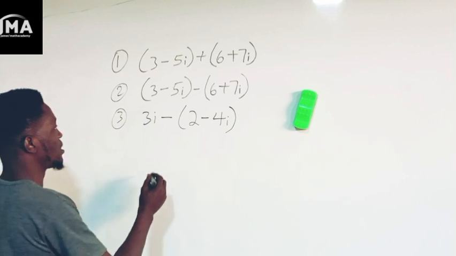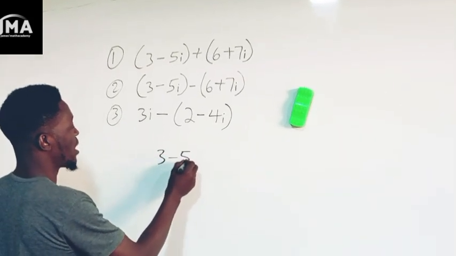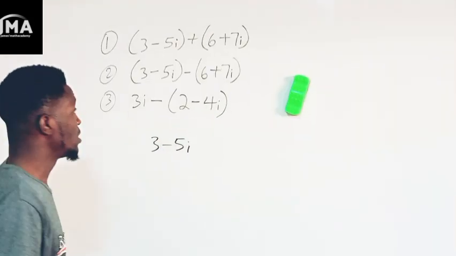It's going to be 3 minus 5i, because there's nothing attached to that part of the bracket.